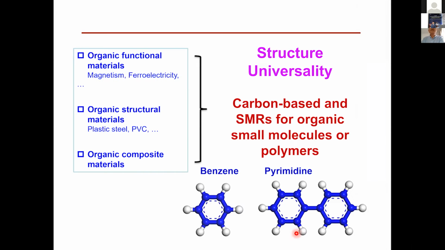For example, as I just mentioned, for organic materials, we have a structure universality that is carbon-based and six-member rings for the organic small molecules, macromolecules, or even polymers.